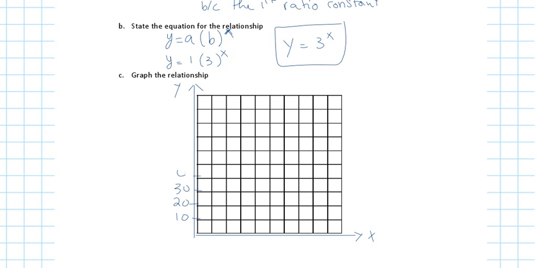So you see when I'm picking my scale, I have to stick with it. If I started at 10, I have to keep going up by 10. And then my x scale is going to go up by 1.